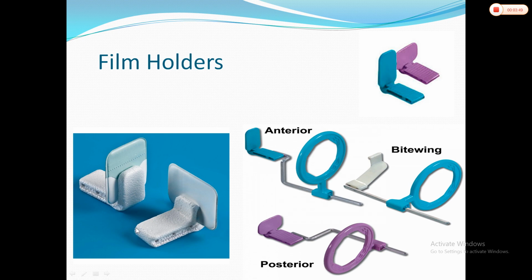By using them, we can prevent unnecessary exposure to the patient's fingers. You can place the film in vertical position or horizontal position depending on the region and requirement. This is used for anterior teeth, this one for posterior teeth, and this is for bite wing radiographs.